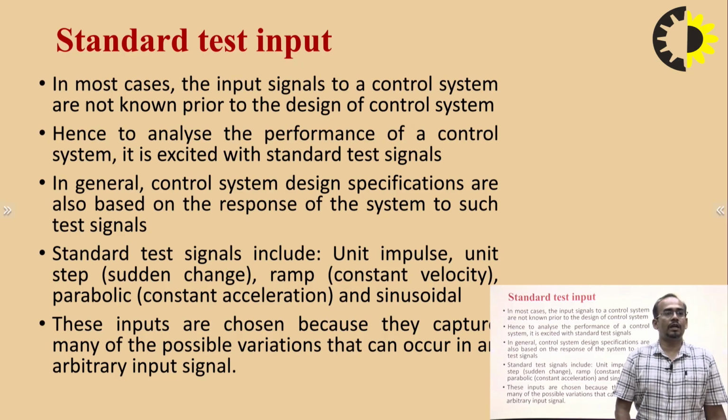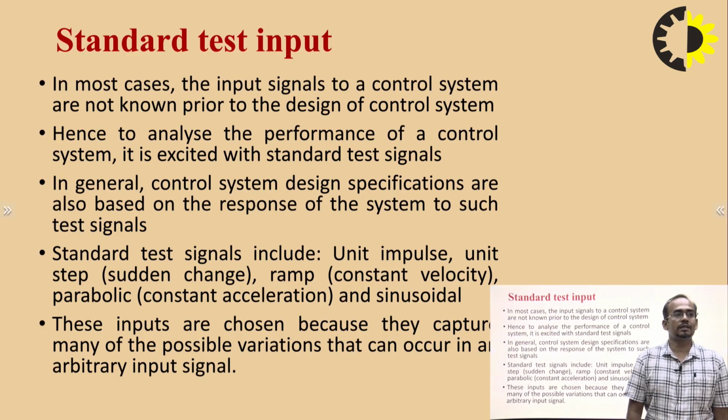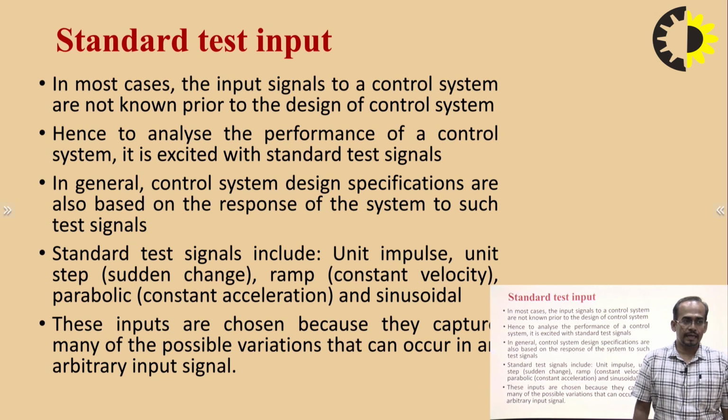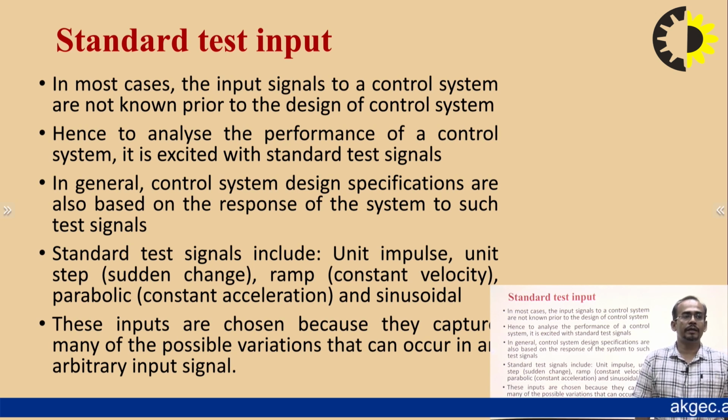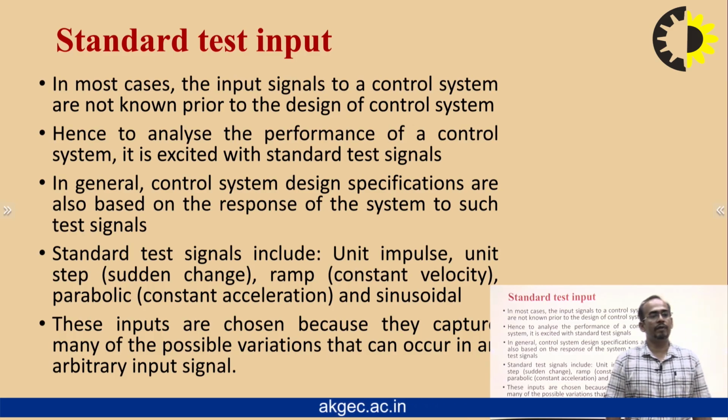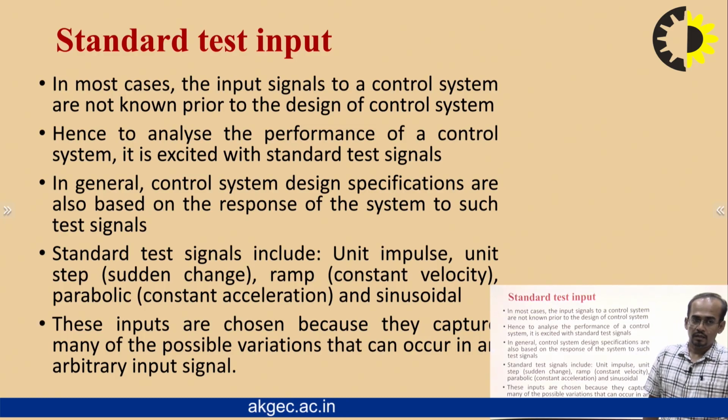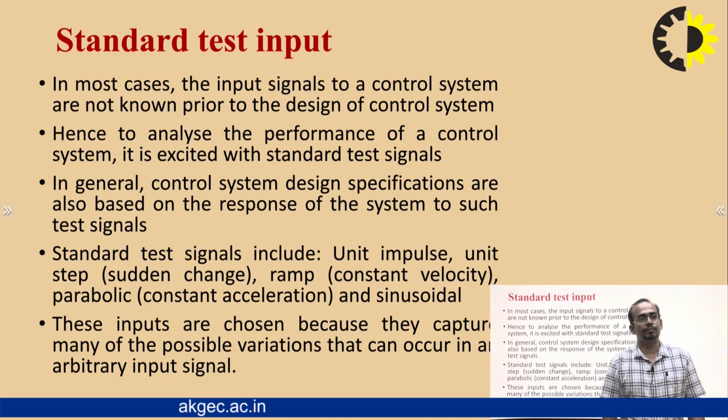In general, control system design specifications are also based on the response of the system to such test signals. Standard test signals include unit impulse, unit step, ramp signal, parabolic signal and sinusoidal signals. These inputs are chosen because they capture many of the possible variations that can occur in any arbitrary input signal.